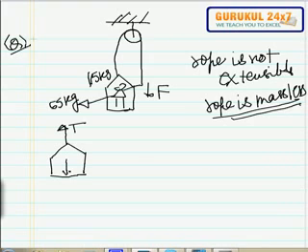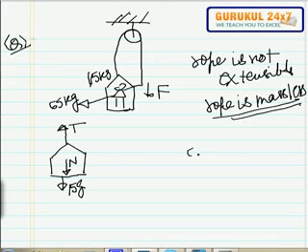So let's call that N. So these are the only forces, and one is 15g, the weight of the trolley itself, which is acting downwards. So these are the only forces which are acting on the trolley.